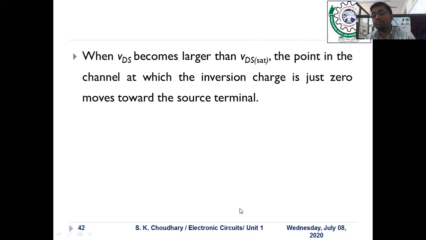Now we see what happens when VDS is larger than VDS sat. If we further increase the VDS beyond the saturation voltage, at that point in the channel the inversion charge is just 0 and moves towards the source terminal.